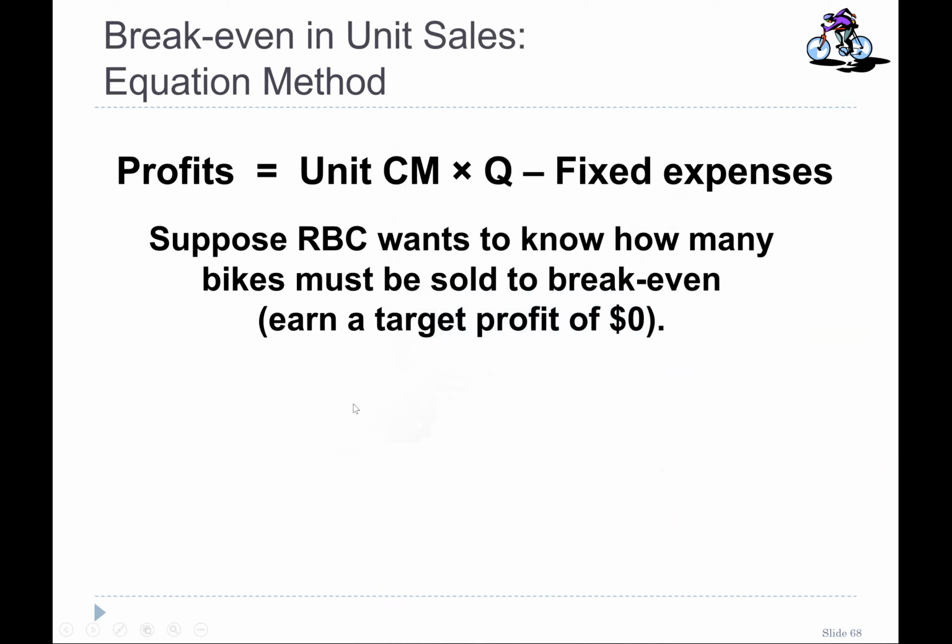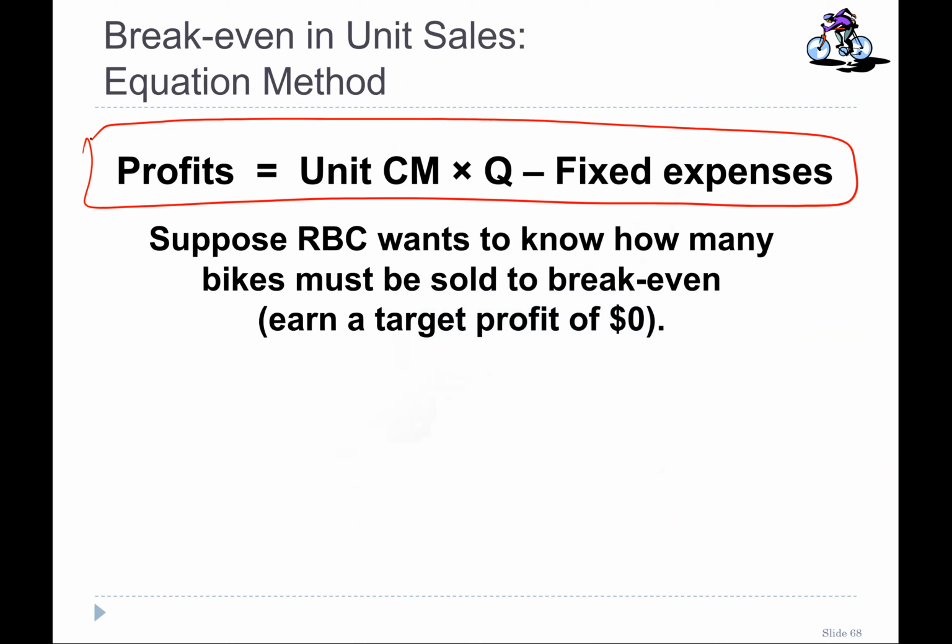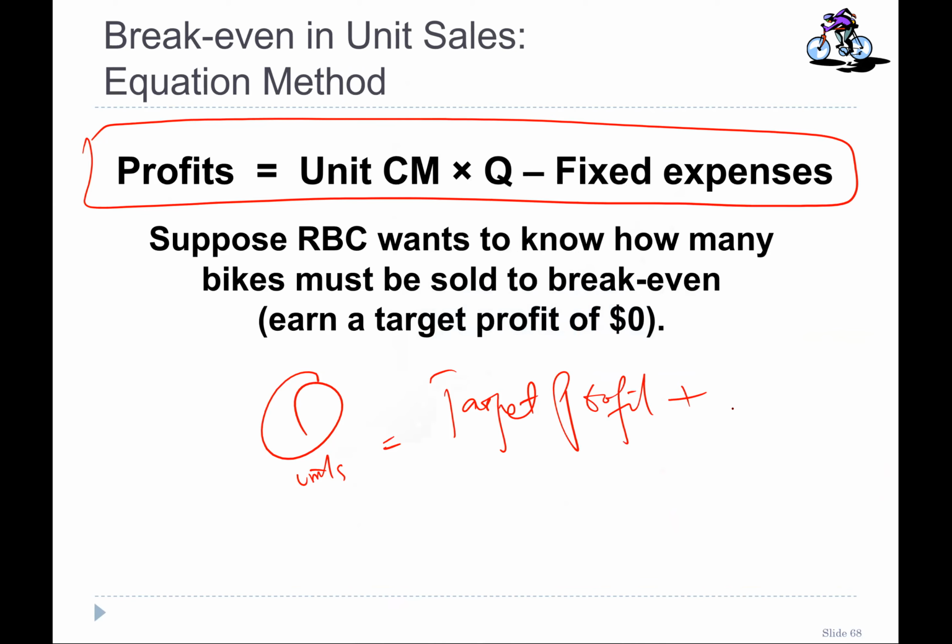In order to have a break even, you remember this formula? Put your target profit at 0. So essentially, same formula. We want to find out target units: target profit plus fixed cost divided by CM in units.